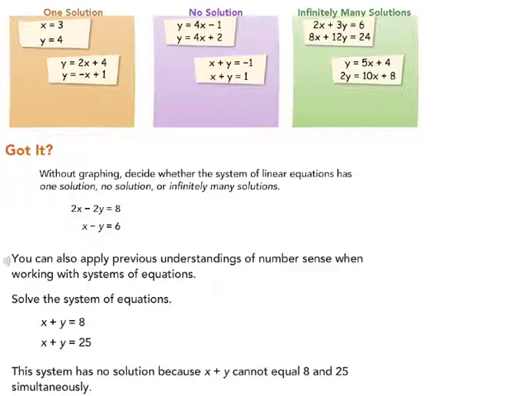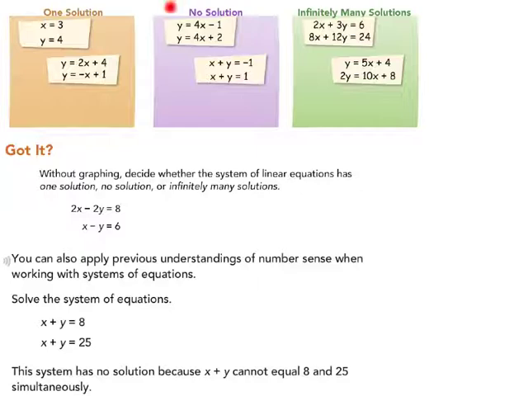When a vertical and a horizontal line meet, they will meet in one point. So that has one solution. If you take a look at this example, you should notice that the slope on the top line is 2, and the slope on the bottom one is -1. Since the slopes are different, that means there is one solution.